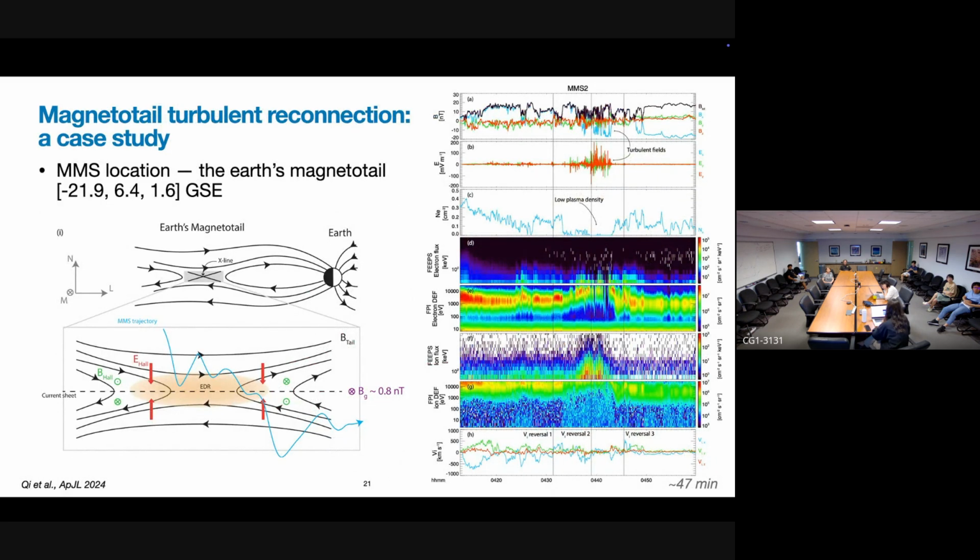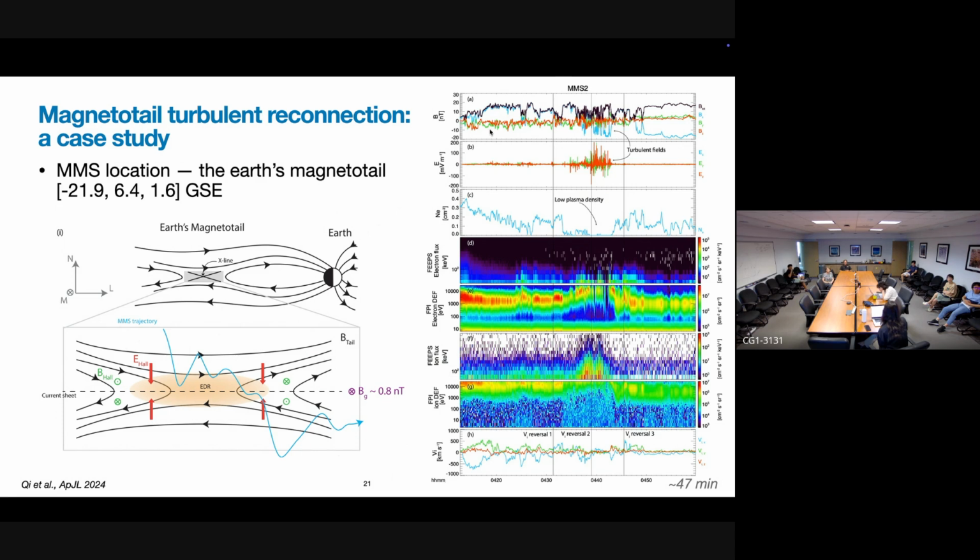The first part of the study is a case study, which really triggered our interest. So this is just some overview of this case and why it is so special. First of all, it happens in the magnetotail, and we can see from the cartoon here, the MMS trajectory goes from the north lobe to the EDR and then to the south.